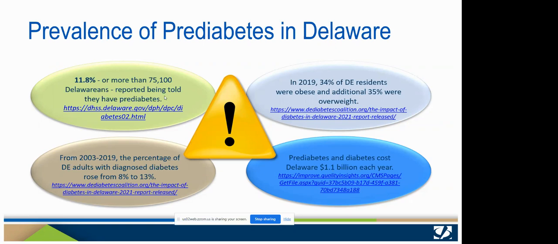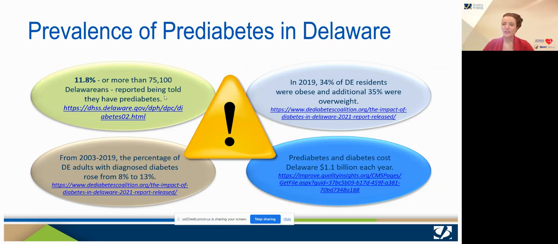Along with that 11.8% number, we have some other statistics that factor in to our pre-diabetes ranges. Pre-diabetes and diabetes cost the state of Delaware over $1 billion each year. The amount of Delaware adults diagnosed with diabetes jumped from 8% to 13% from 2003 to 2019.